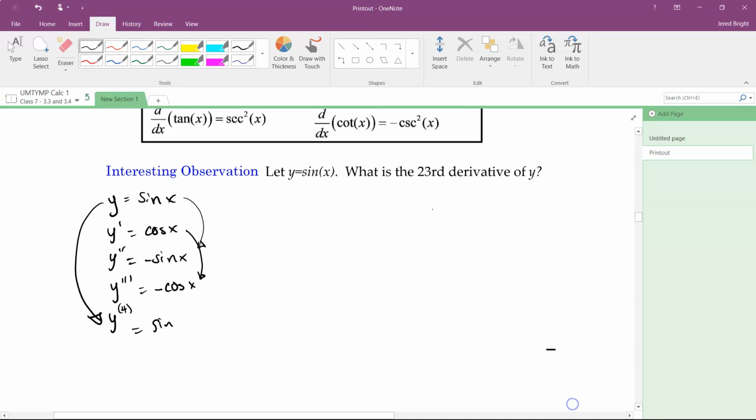So if I think about the 23rd, that is 3 after a multiple of 4, so the 23rd derivative should be the same as the third derivative of y, which is just going to be minus cosine.